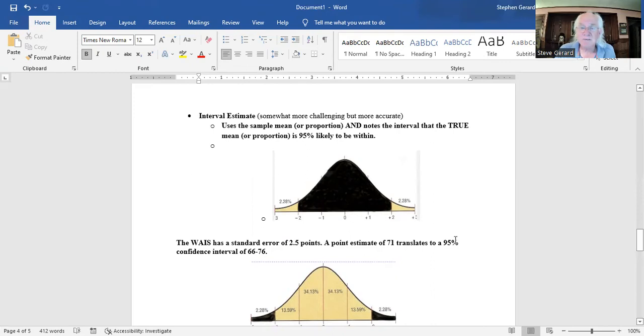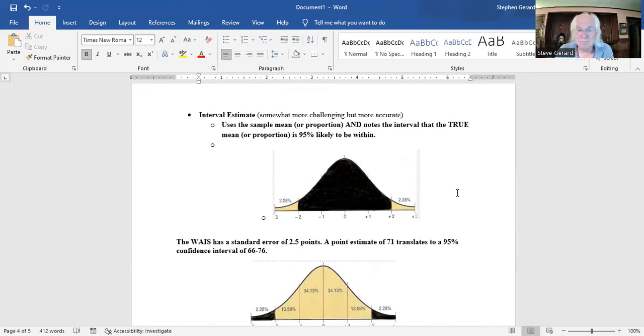So a point estimate of 75 translates to a 95% confidence interval of 66 to 76. Because 95% is actually, I have it down to 2 here, but it's 1.96 z-scores, 1.96 standard deviations around that point estimate of the mean.